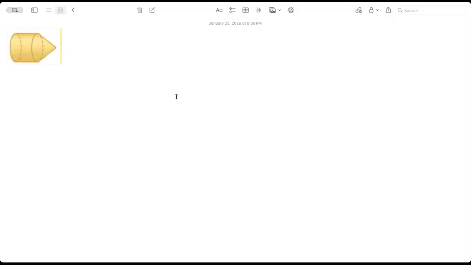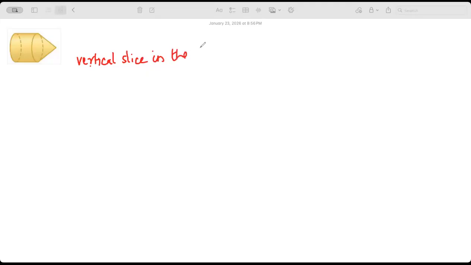I'll write it down. You are making a vertical slice in the figure. Just because the figure is lying down, it's a vertical slice that I'm doing. Now, what will be the shape of the vertical slice?